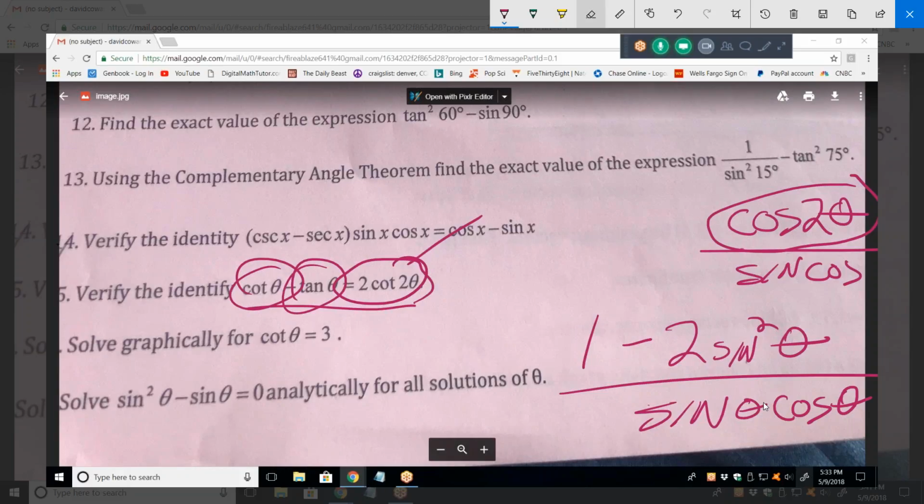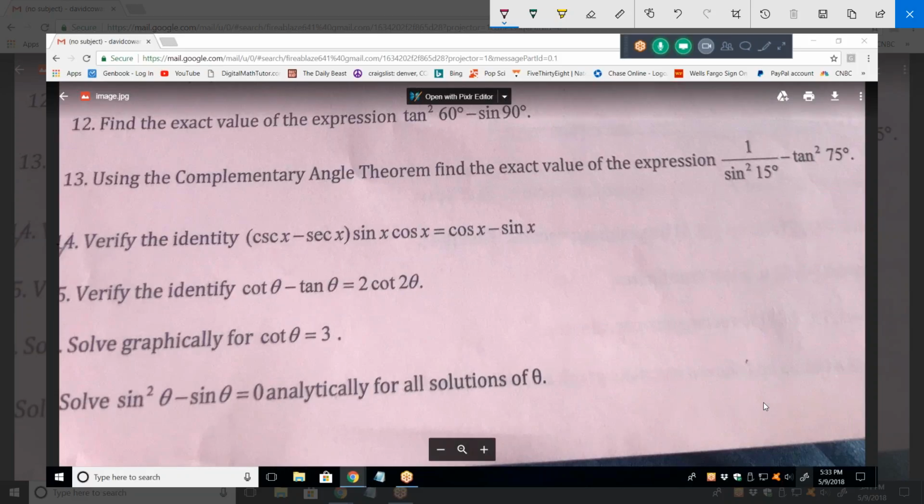I don't know. Let me think about this for a second. I love these problems. They're my favorite trig problems, the verifying. It's just they can be a little tricky. I'm thinking of if there's another way to do this.